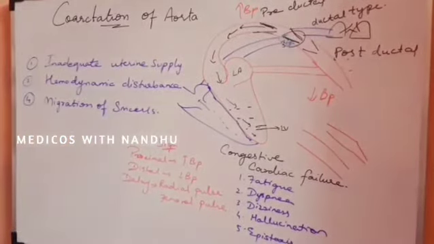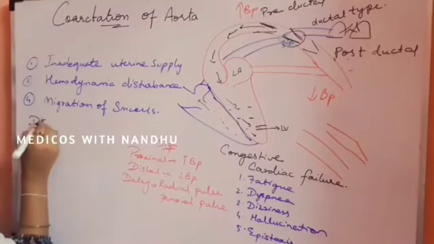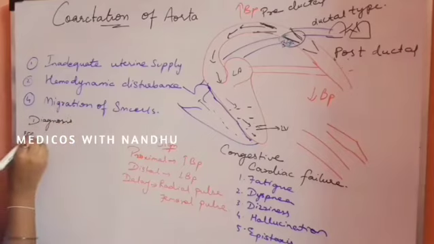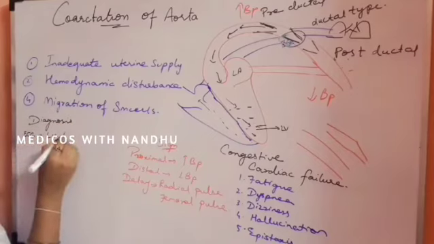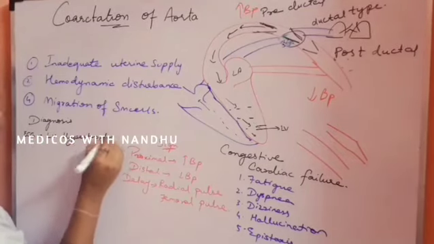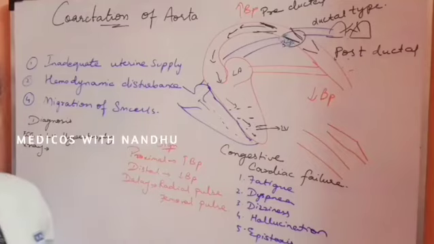And then coming to diagnosis, ECG. In ECG we can see left ventricular hypertrophy. On X-ray we are able to see the dilated left atrium, and an enlarged left atrium can be seen.